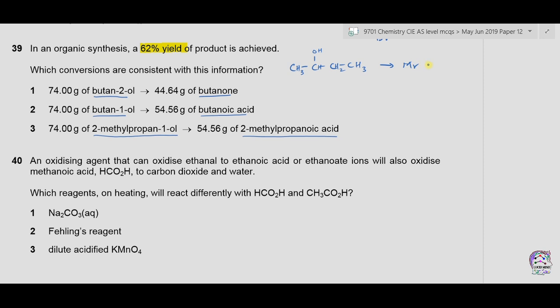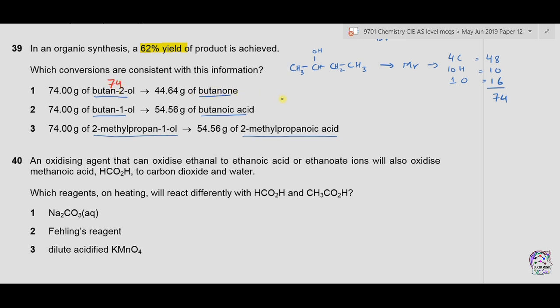And the molecular mass of this compound will be, there are 4 carbon atoms, 10 hydrogen atoms, 1 oxygen atom, 48 plus 10 plus 16, it will be equal to 74.